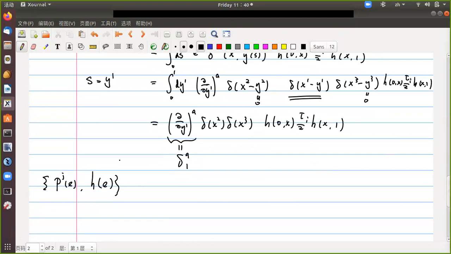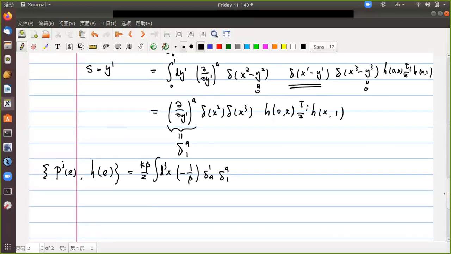Okay, now we plug in the formula, plug in the result we just got. Firstly, this is the functional derivative of flux, with delta a1 coming from the holonomy functional derivative, and you have delta x1, delta x2, delta x3.